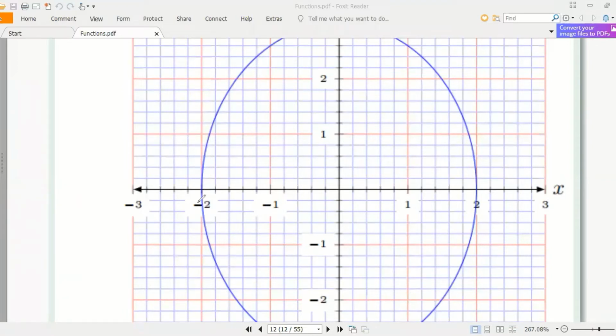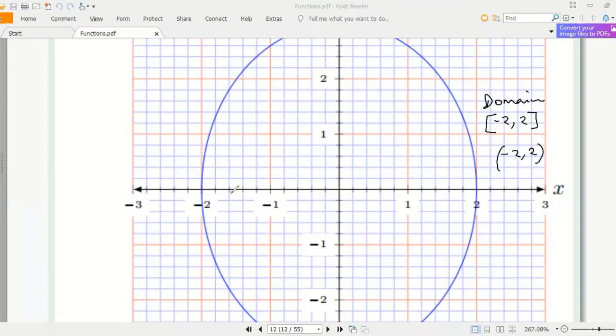If it were dotted, then we would say that the values on the boundary are not included. But these are continuous graphs, and therefore the domain is the values -2 to +2, and they're both included, and because of that I use the square bracket. If they were not included, then I would use this other bracket.